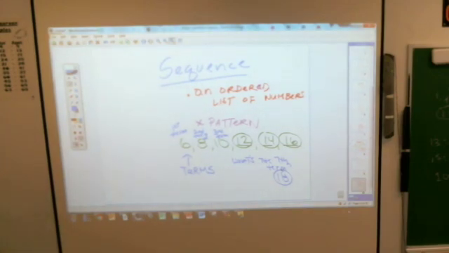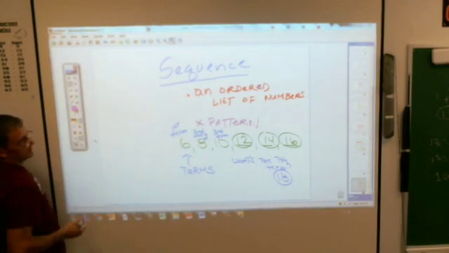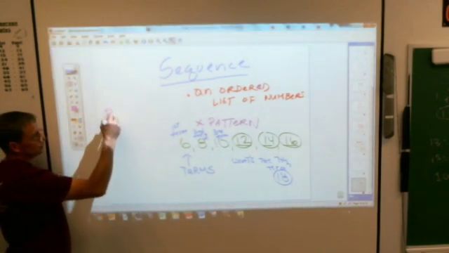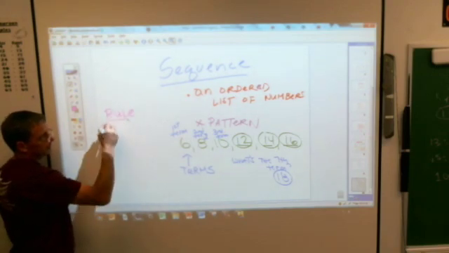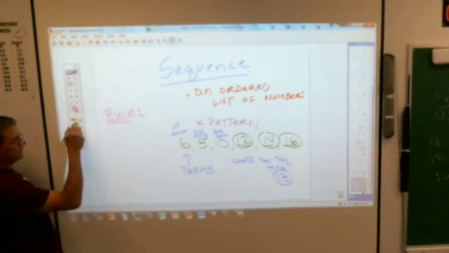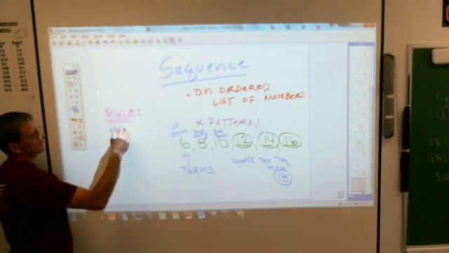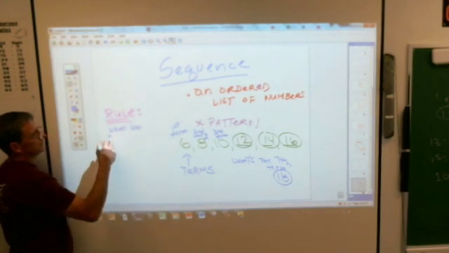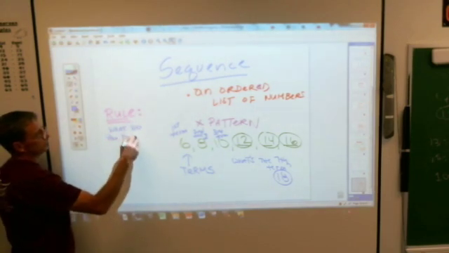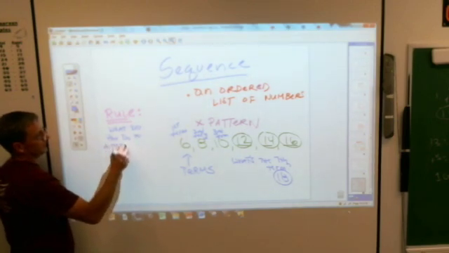The other thing that our beloved book will ask you is, they will ask you what the rule of the sequence is. And by rule, they simply mean, what do you do to a term to get the next term?